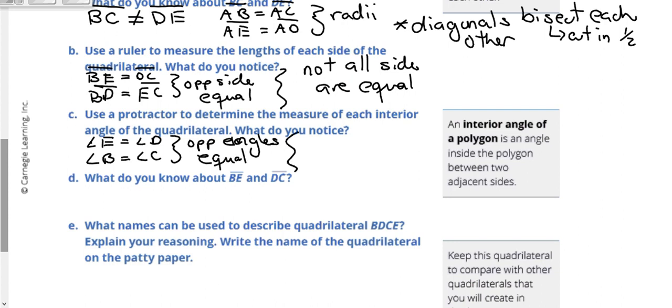We notice that they're not 90 degrees, so they're not right angles.